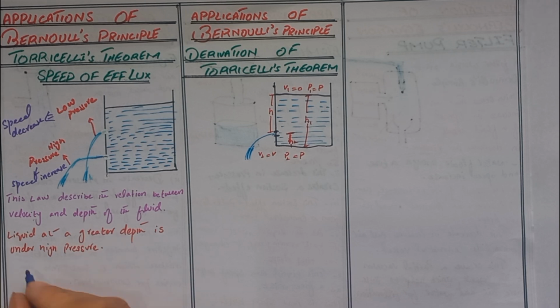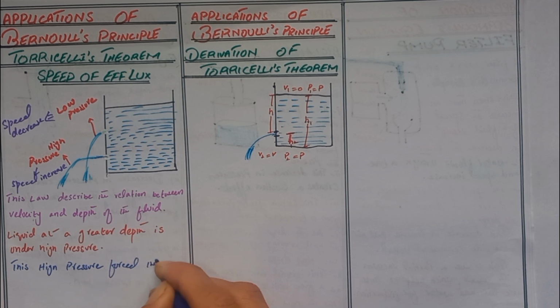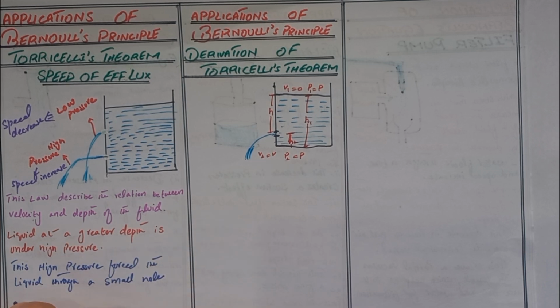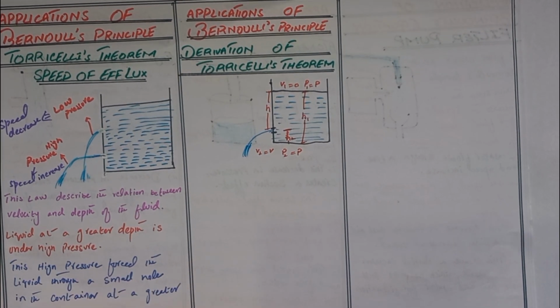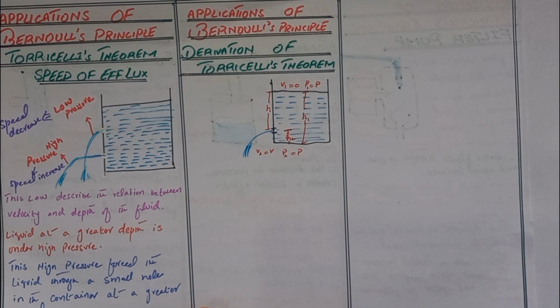This high pressure forces the liquid through a small hole in the container at a greater speed v.